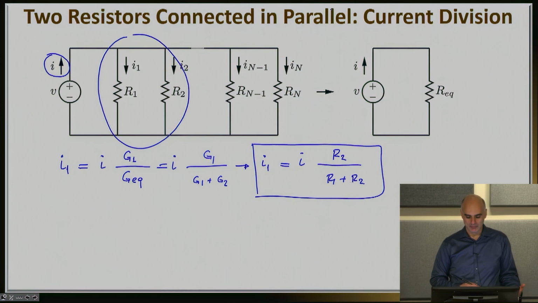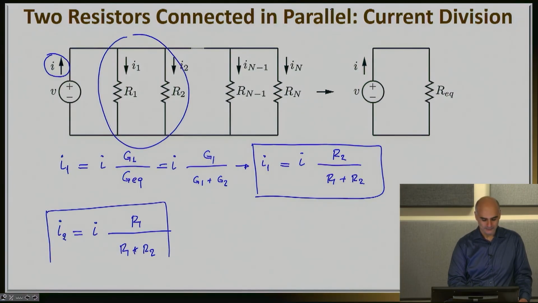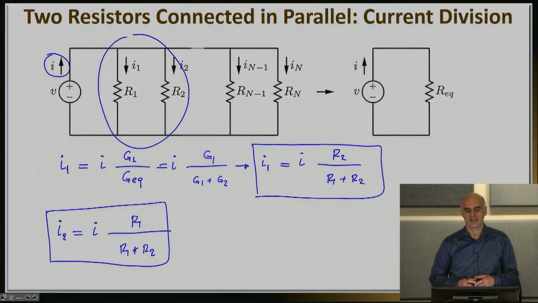In a very similar way, you can write down the second current. I2 will be equal to I R1 now over R1 plus R2. So in other words, this is going to be equal to the current I, which is the total amount of current that comes into the resistances, times the resistance you don't want over the sum of the resistances.